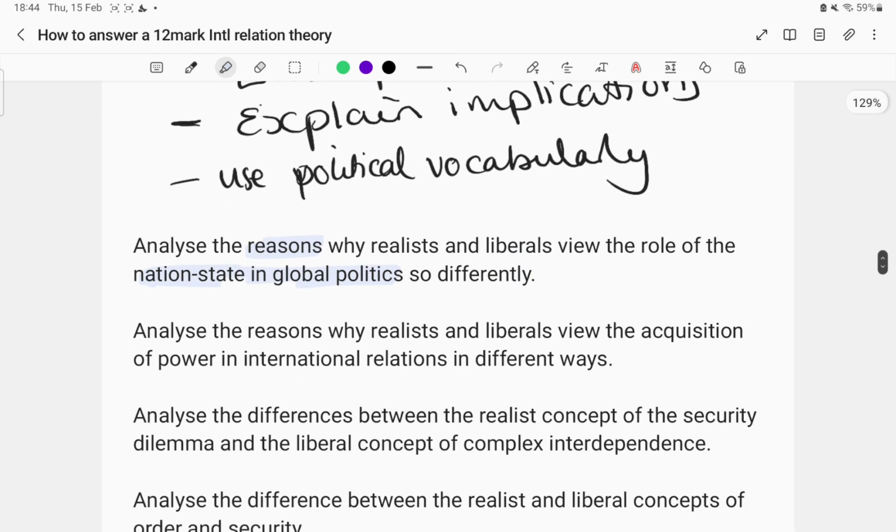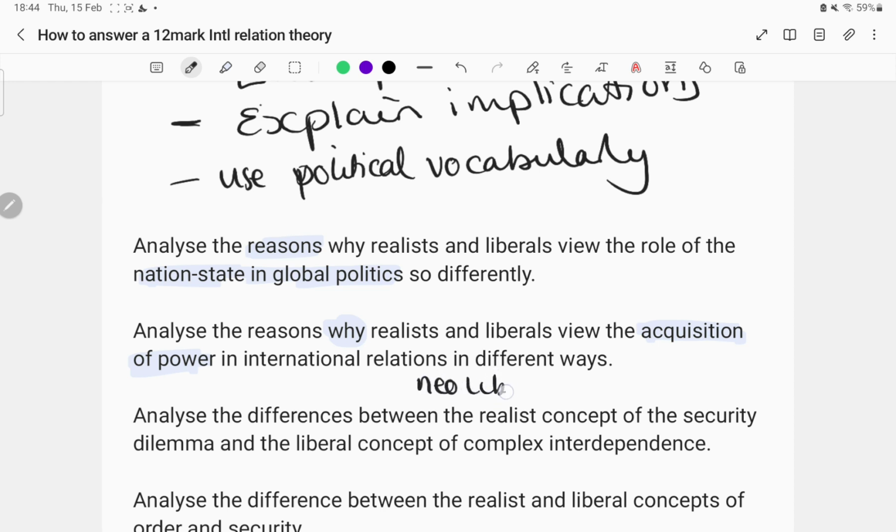Second one, analyze the reasons why realists and liberals view the acquisition of power in international relations in different ways. So once again, this is asking you to give three reasons essentially why the acquisition of power in international relations is different. A nice caveat that I would say, or something that you could always add, is looking at the neo theories.